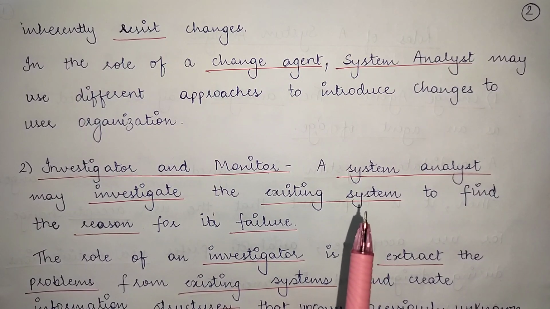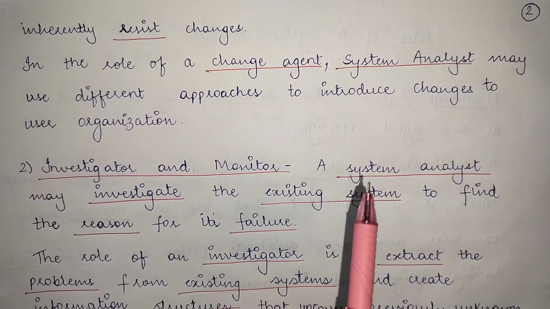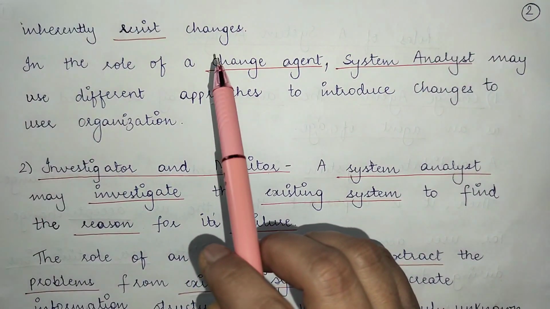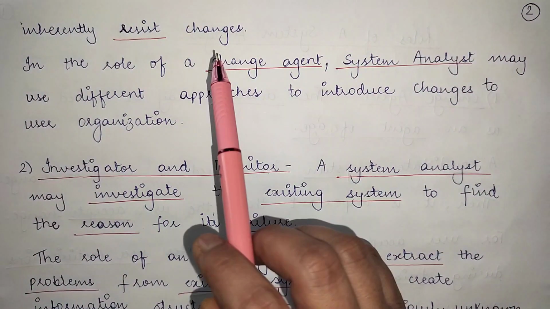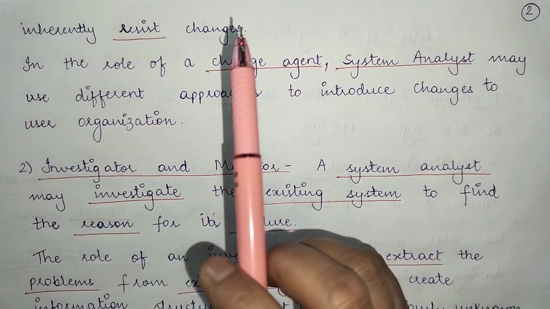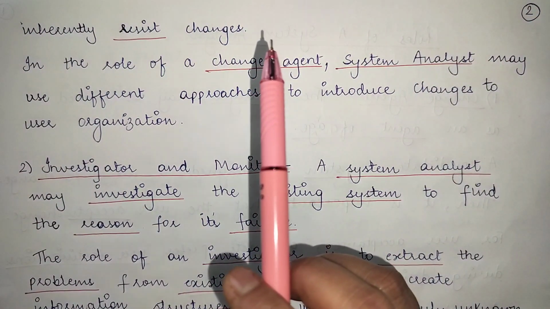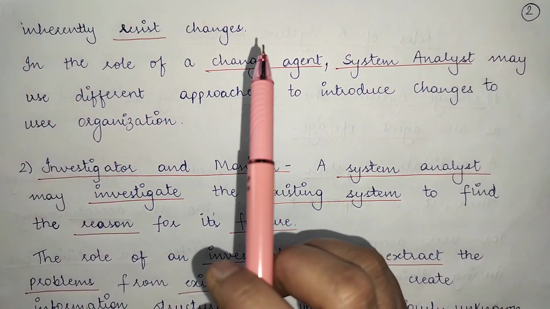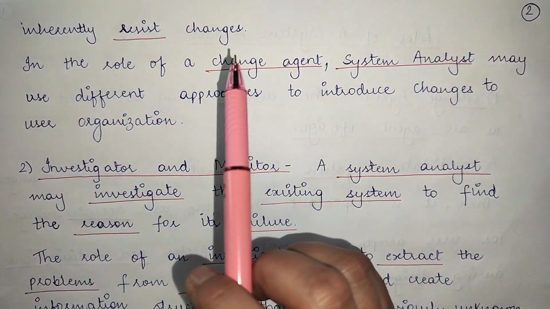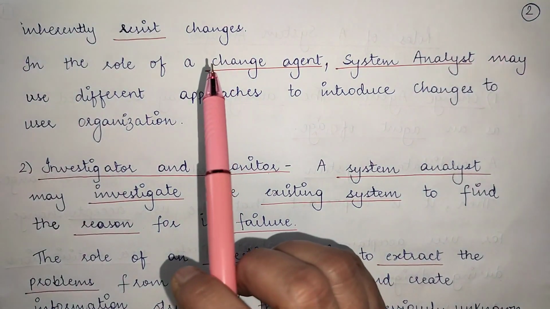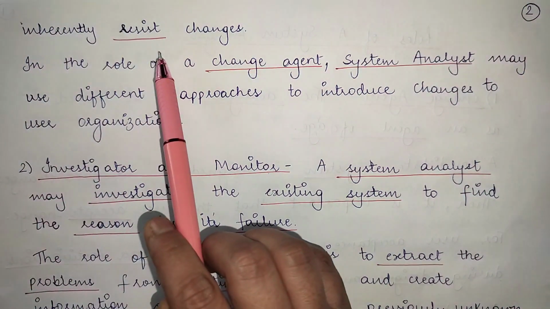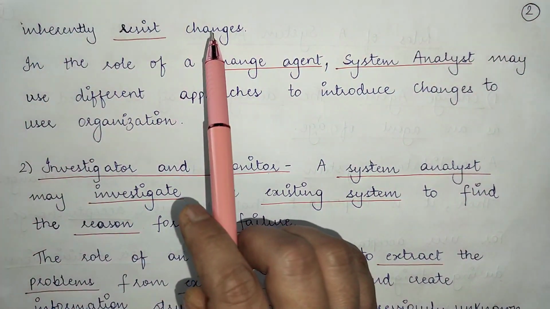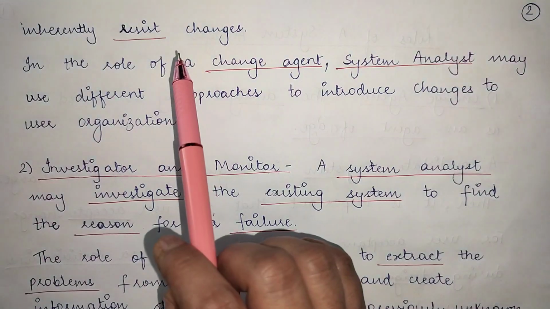So the first thing, as I told you, is user participation in all the stages from design to implementation of the candidate system. The more they participate, the more involved they feel and the more interest they take, and it is easier for them to accept the system. So user participation is one very important factor, so that the users do not resist the changes after the implementation of a new candidate system.